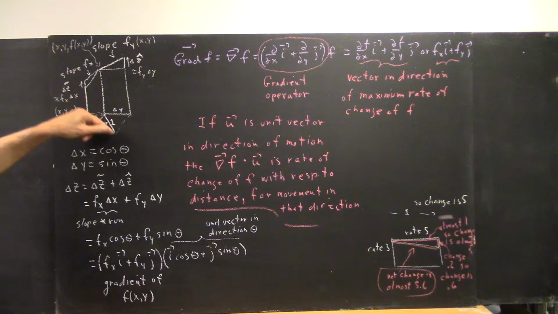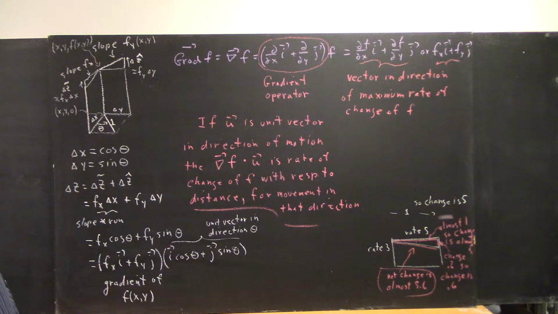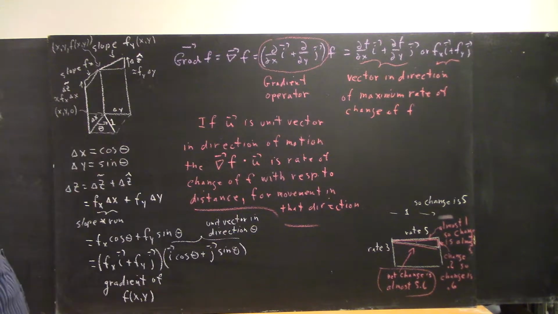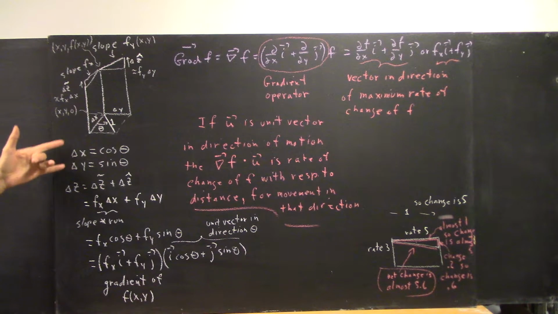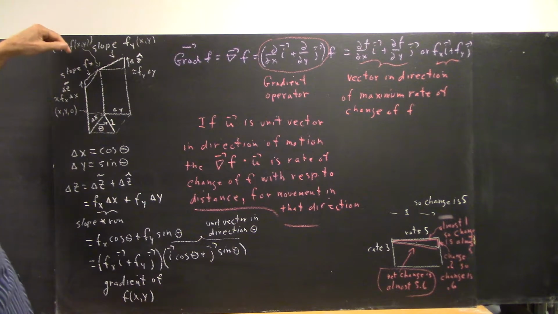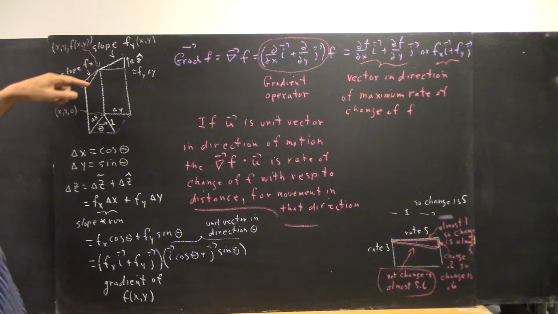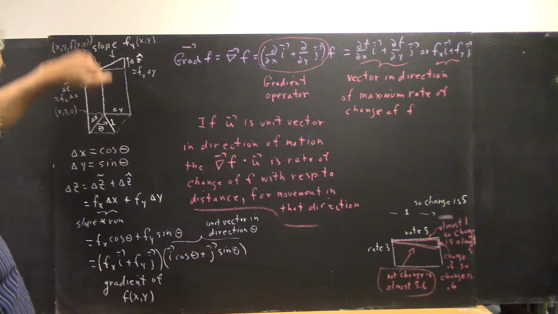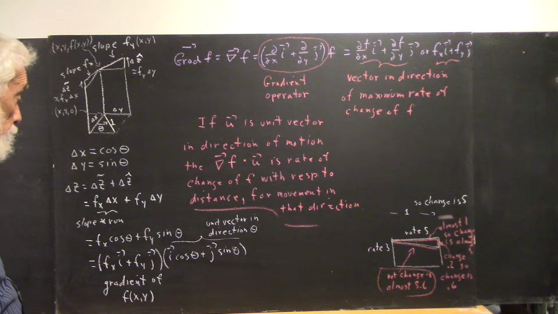So we wouldn't really try to use a distance of 1 here. But if the derivatives didn't change by much over this distance of 1, then we could actually use this picture to predict the actual change in the value of f, rather than the change approximated by assuming that the slope stays constant in this direction and the slope stays constant in this direction.